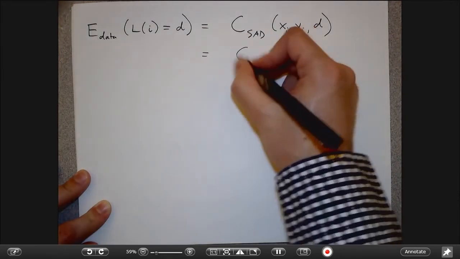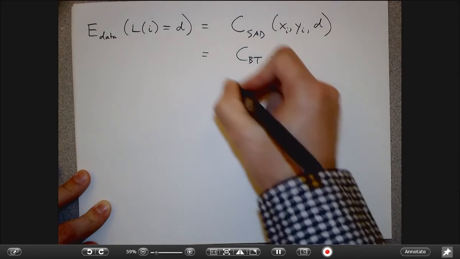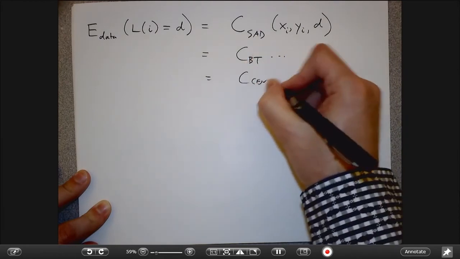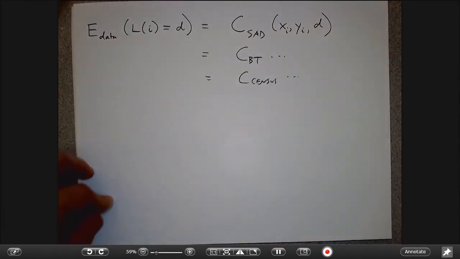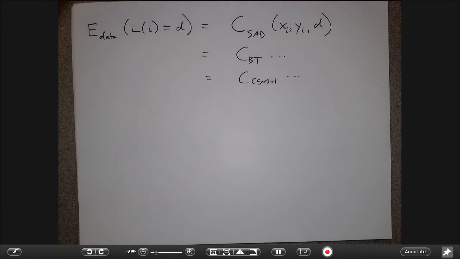Or I could make this the Birchfield-Tomasi function, or the Census Transform function. All this is saying is that this is a function that depends on the colors or the intensities in image 1 and image 2. How good is the match locally between this block of pixels in image 1 and this set of pixels in image 2?